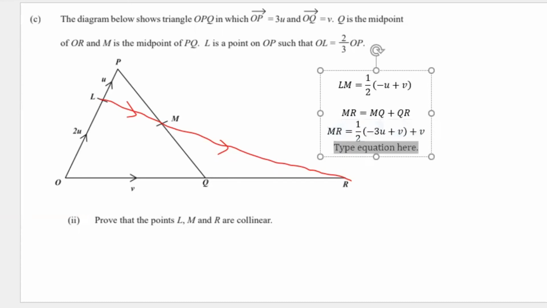So what we'll have here then is MR is equal to, if we expand our bracket here, minus 3U over 2 plus V over 2 plus V. It should be plus V. So therefore, this is a half V plus 1V, which will basically give us 3V over 2.